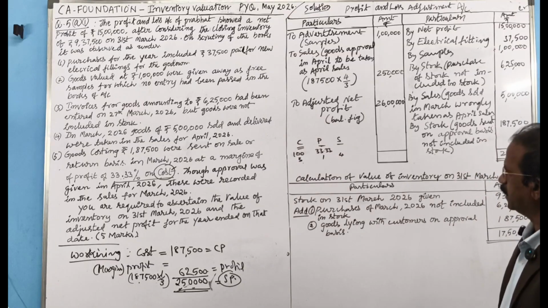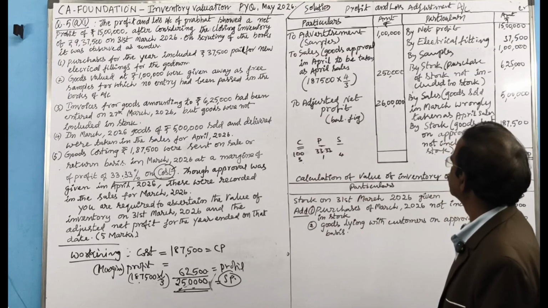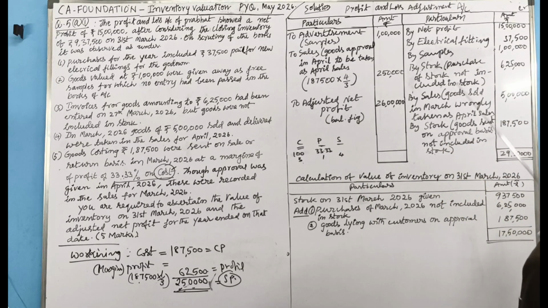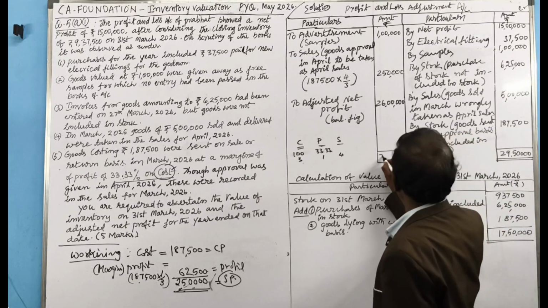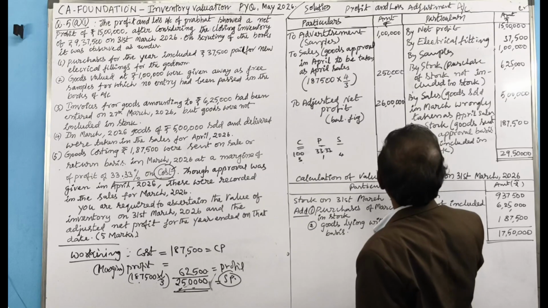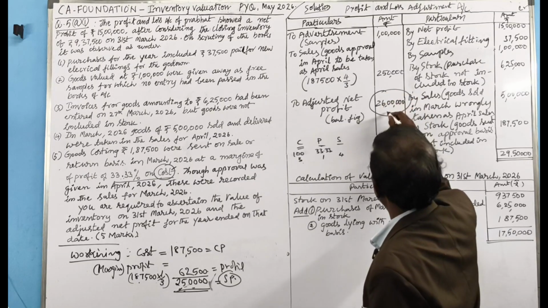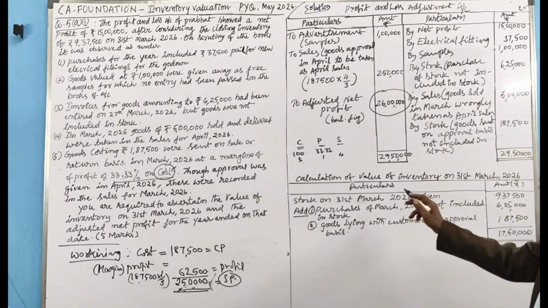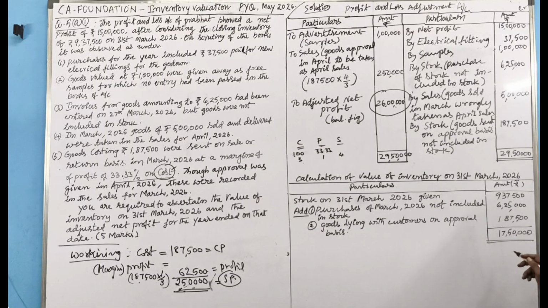So after calculating like this, what we have to do? Simply take the balance. Take the total of these. You will get 29 lakhs 50,000. Here also 29 lakhs 50,000. Now balance is this. This is adjusted profit. This is correct profit. Now the calculation of inventory is here.